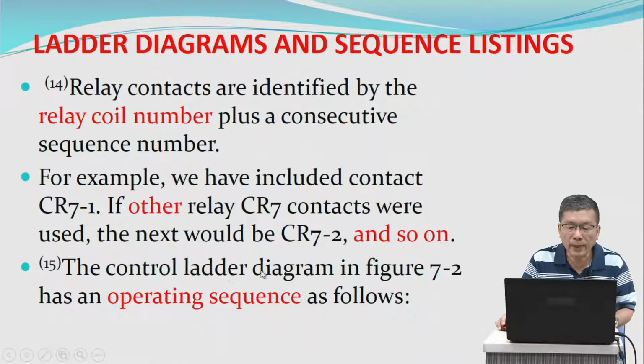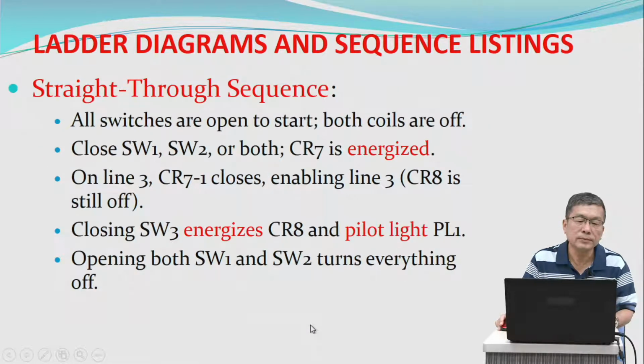The control ladder diagram in figure 7.2 has an operating sequence as follows. Straight-through sequence. All switches are open to start. Both coils are off. Close switch 1, switch 2, or both, and control relay 7 is energized.